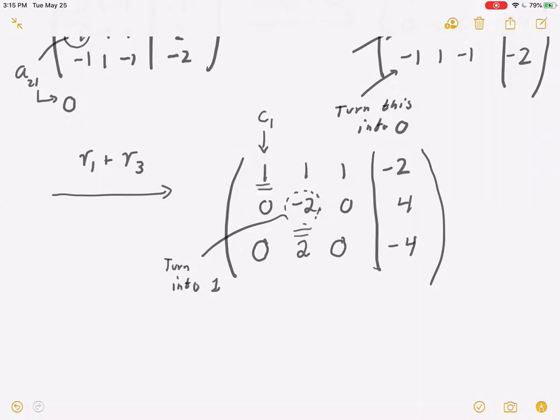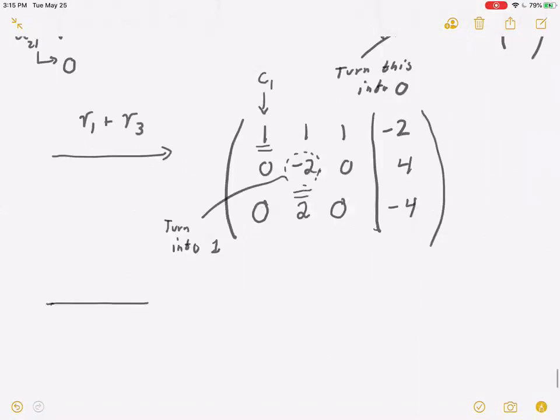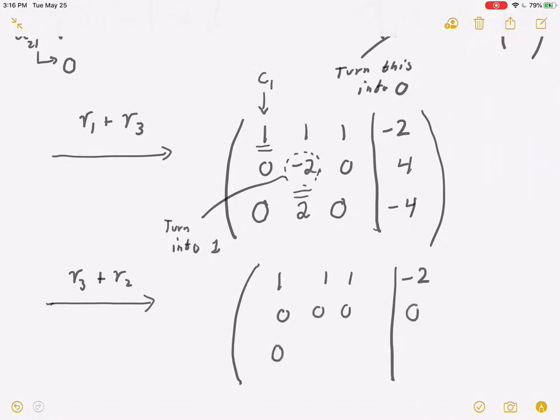So how do I do that? Well, if I just take a Xerox copy of row 3 and add it to row 2, I get the following. Row 1 is left alone, and row 2 becomes 0, 0, 0, 0, and row 3, I took a Xerox copy of it, so its original form is left alone.